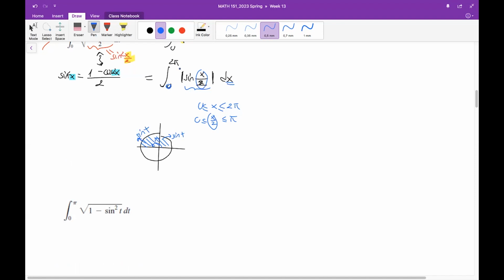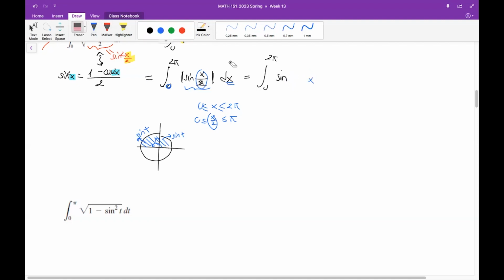That's why you can evaluate this absolute sine without doing anything. From 0 to 2 pi, the absolute value of sine x over 2 is, again, sine x over 2, because sine takes positive values if your angle is between 0 and pi, like that. So it is just sine x over 2 dx, okay?